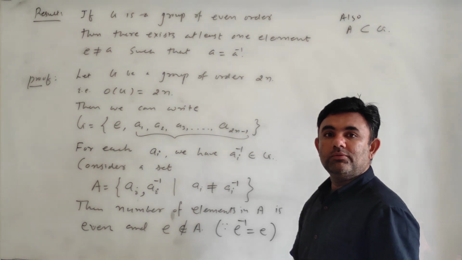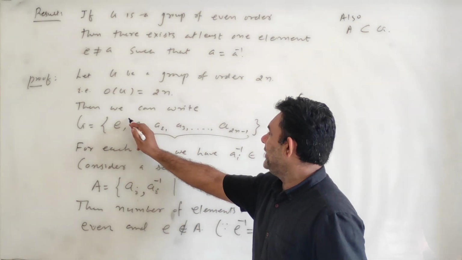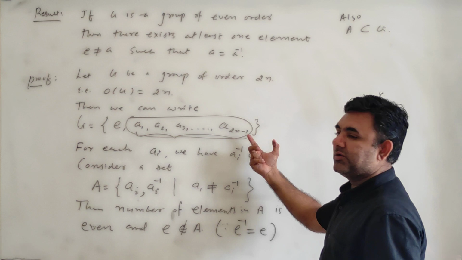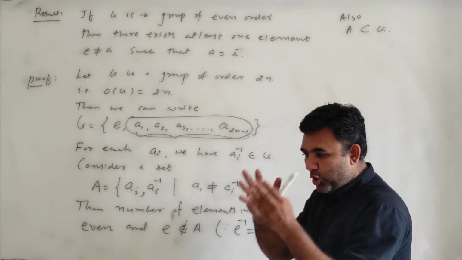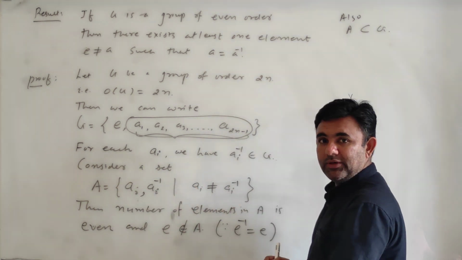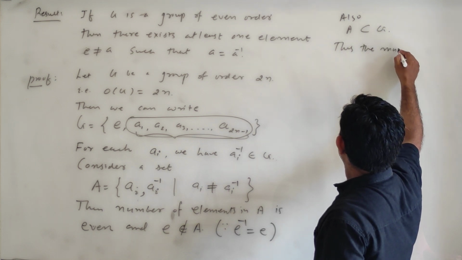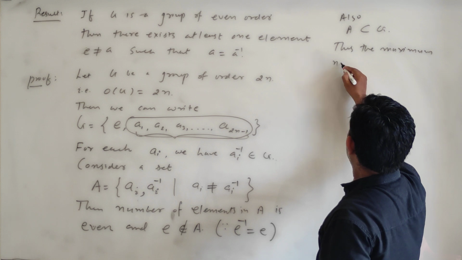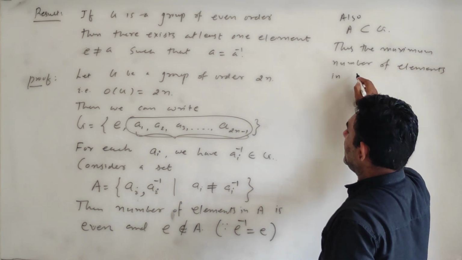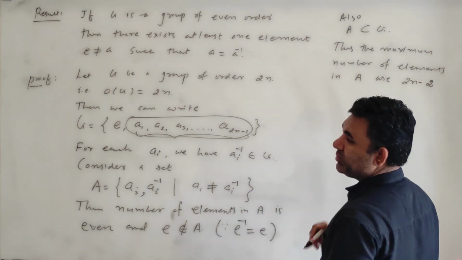Identity is not in A. So whatever the elements in A will be, they come from only the remaining elements, and these are 2n minus 1, that is an odd number of elements, while the total number of elements is even. So thus the maximum number of elements in A are 2n minus 2.